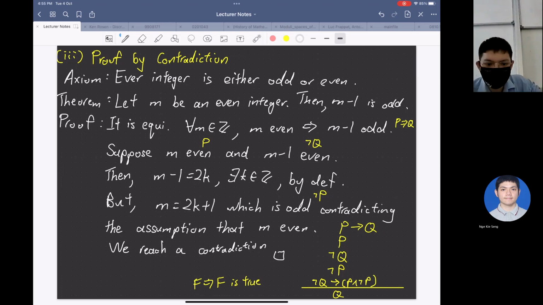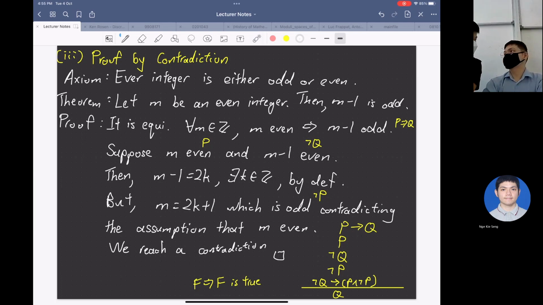I don't know what P and Q mean. Oh, okay. What do you mean P and Q? You mean this P and Q? This P and Q is just some random thing, any proposition.